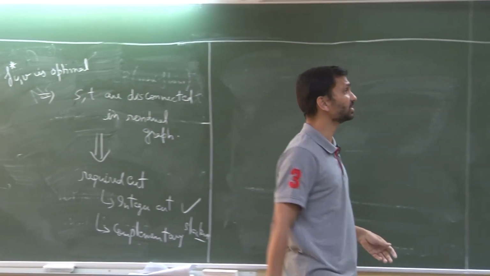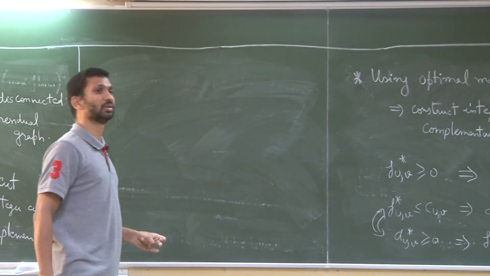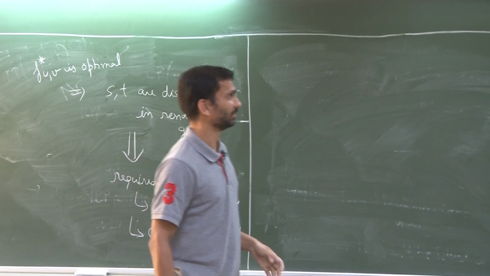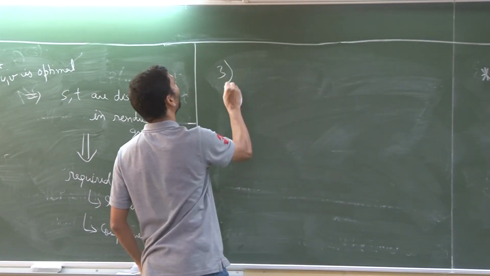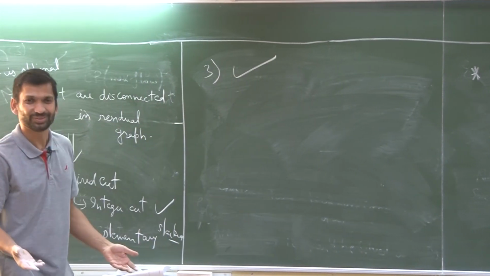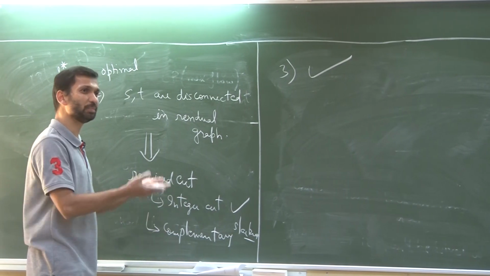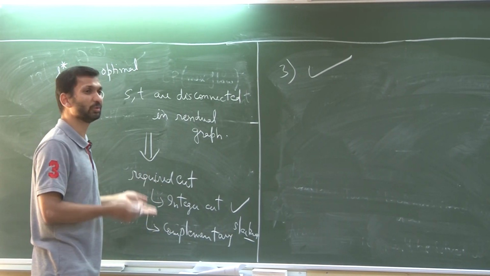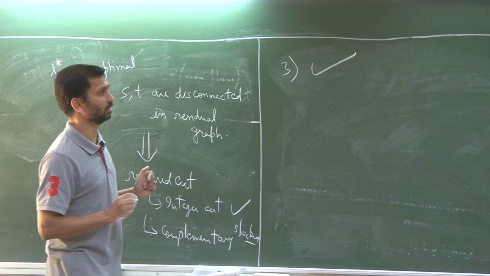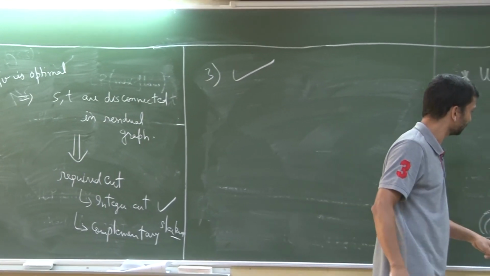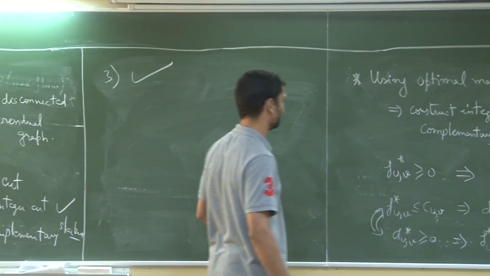What is the easiest condition to satisfy? By definition, since S and T are in different sets, P S star will be 1 and P T star will be 0. What about this?